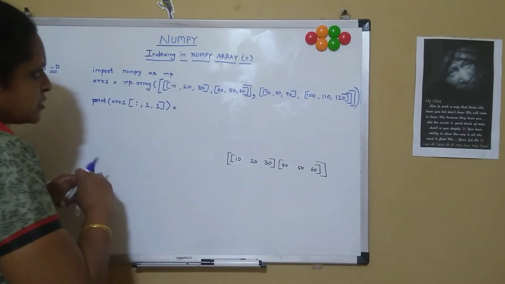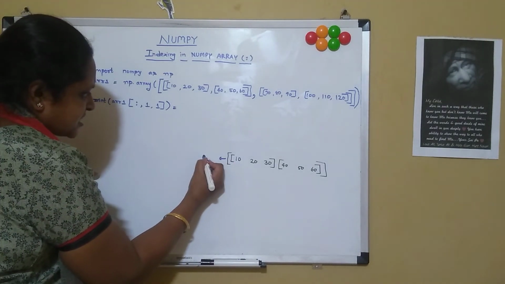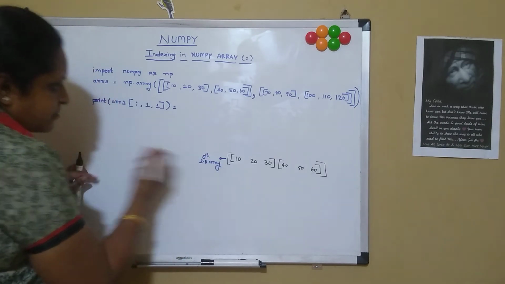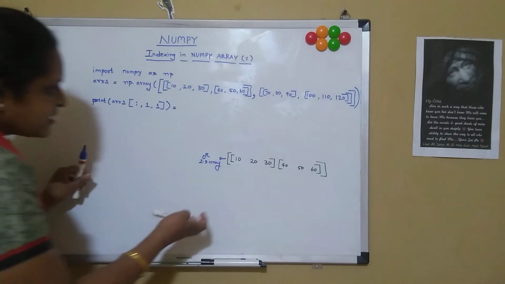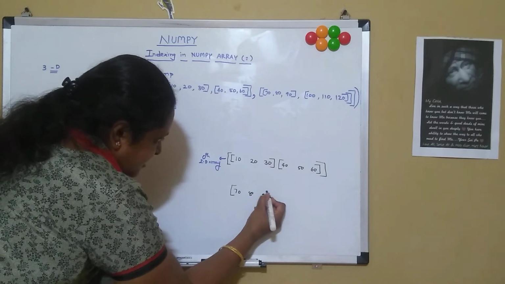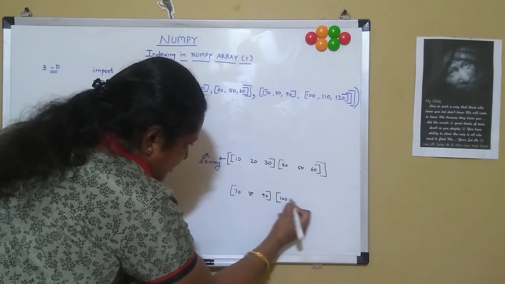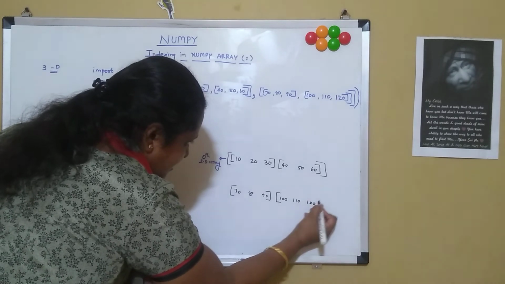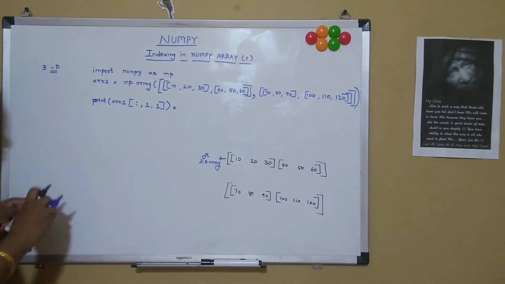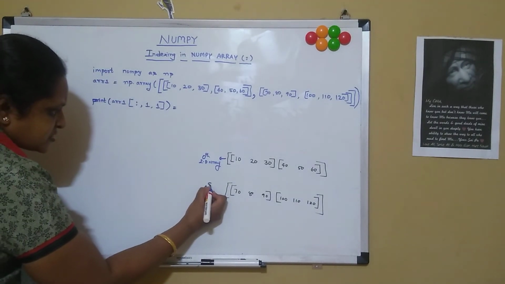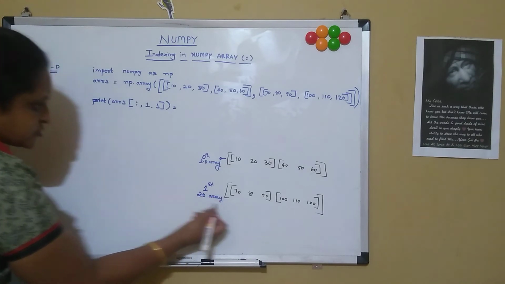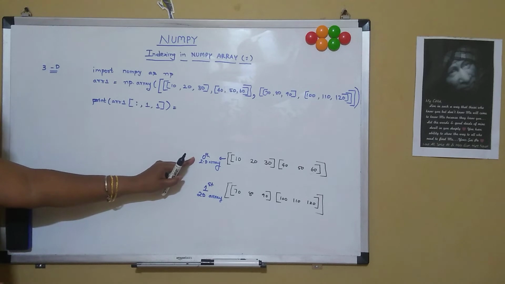This is the 0th two-dimensional array. And then I have 70, 80, 90, 100, 110, 120, which forms another 2D array. So this is the first index 2D array. This is the 0th index 2D array.